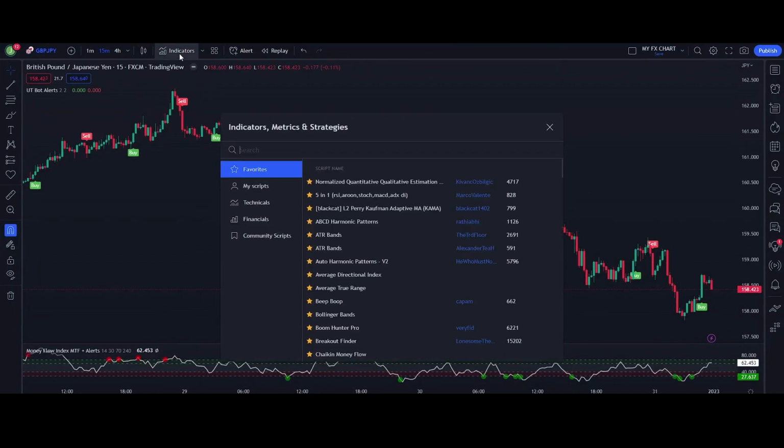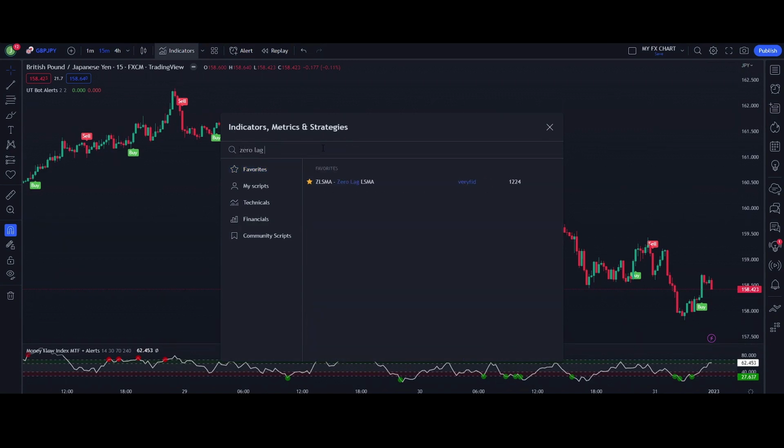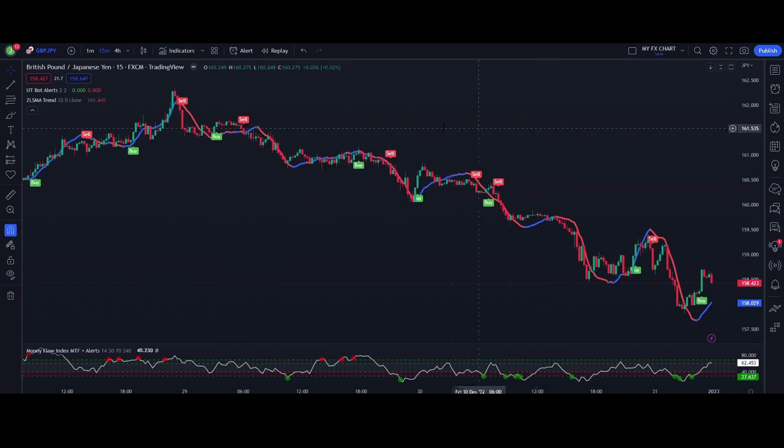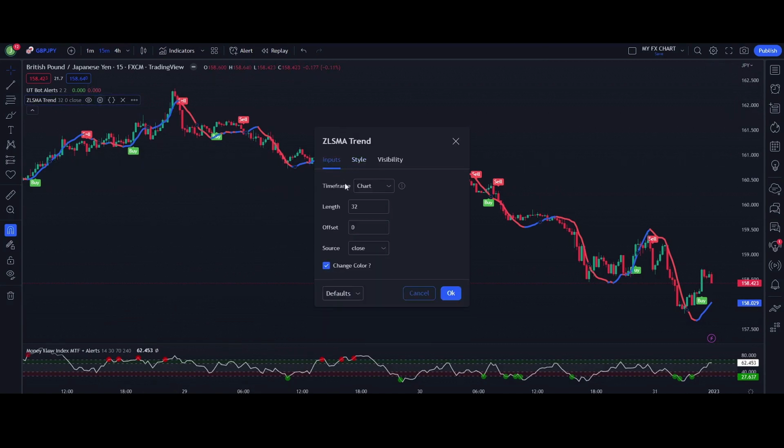Our third indicator is Zero Lag SMA, and it's going to help us identify trends in the market. Select the option by NetWeaver and then go to the Inputs tab. Change the length to 200 and uncheck the Align with Price option.